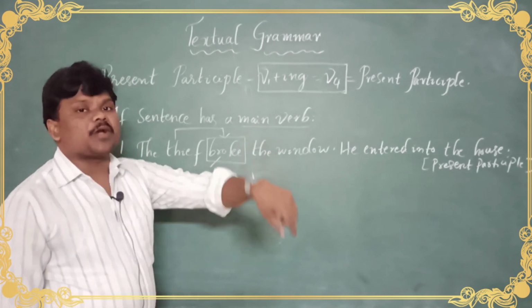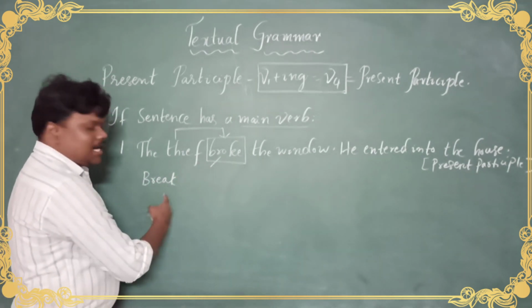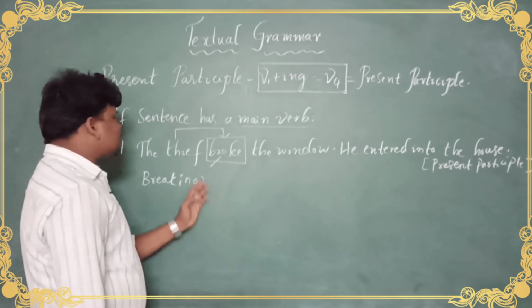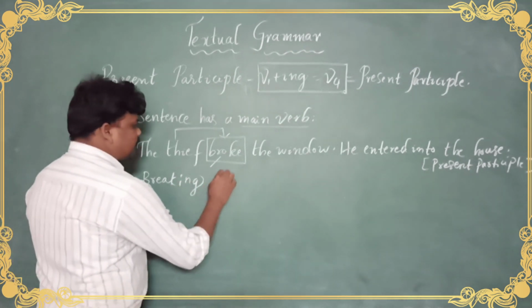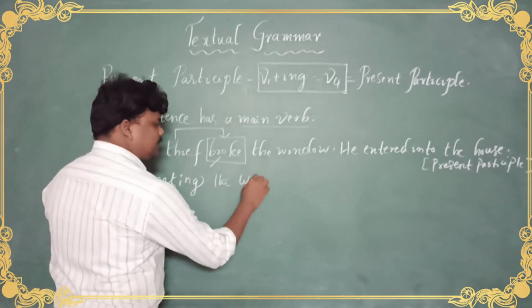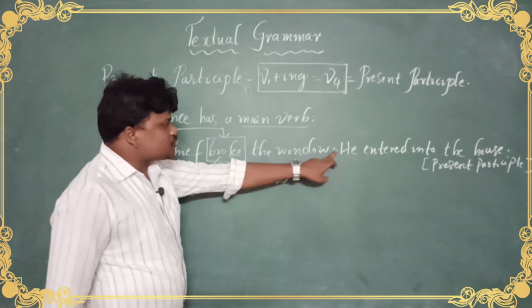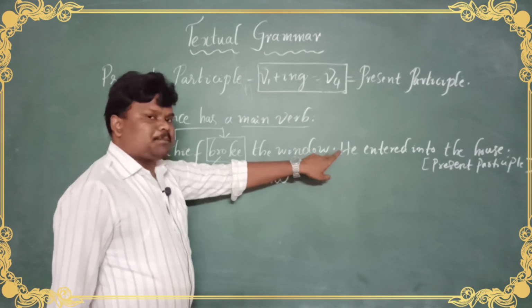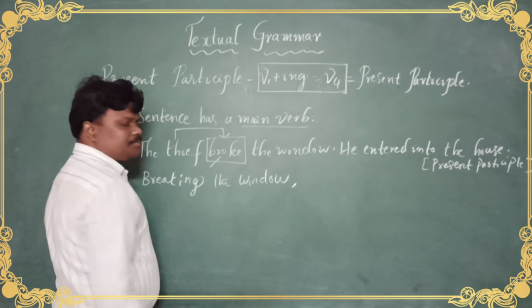Break, broke, broken. So convert this V2 into V1, write the ing form for that, and combine the two sentences. Yes, breaking the window, up to the full stop, or sometimes in this place there will be and. Up to the full stop or at the and place, just keep the comma.